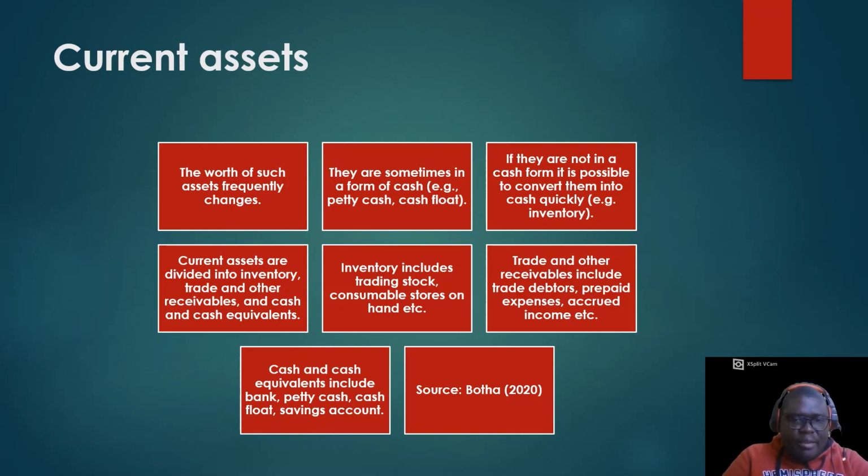And then we also have cash and cash equivalents. We're talking about money here, any money that is already in cash or can be converted into cash. Some of them are not in cash, remember. Like the money in the bank.